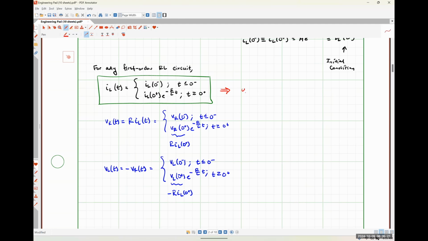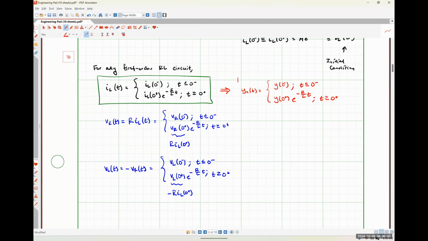So I'm going to say that y sub n of t, where that sub n is indicating the natural response, and y is just a generic variable that could represent any current or voltage in our circuit, will be of the form y at 0 minus for t less than or equal to 0 minus, and y at 0 plus, e to the negative R over L times time, for t greater than or equal to 0 plus.